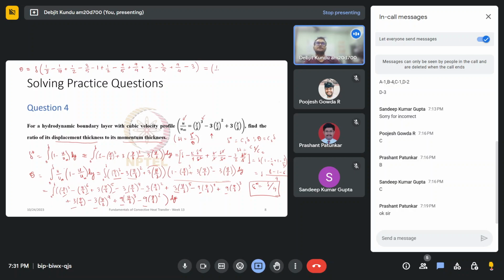No. So there's only 1 by 3, 1, 1 by 7, then these terms. With the common denominator, I will club them together. So I have a plus half, plus 3 by 2. Right. So clubbing them together would give me plus 1, plus 5 by 2, right? So plus 5 by 2.